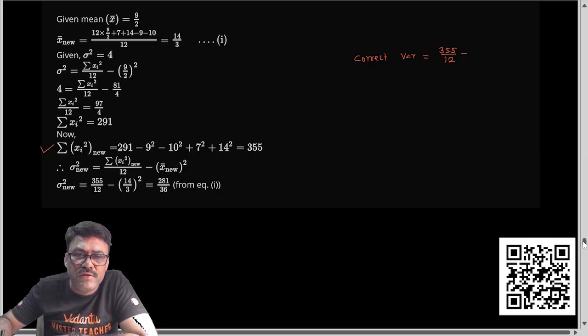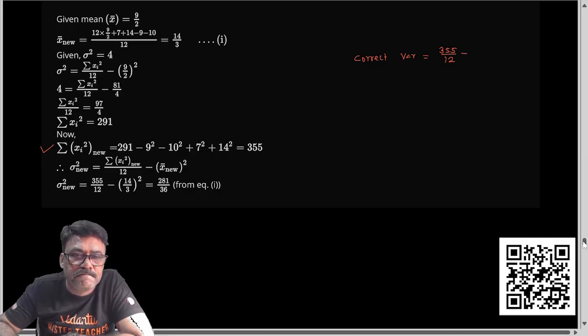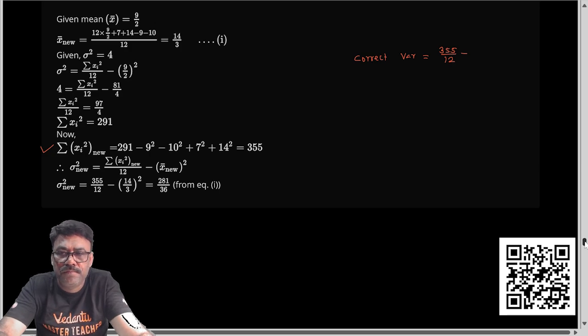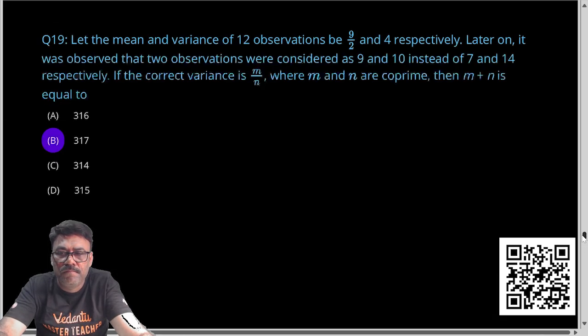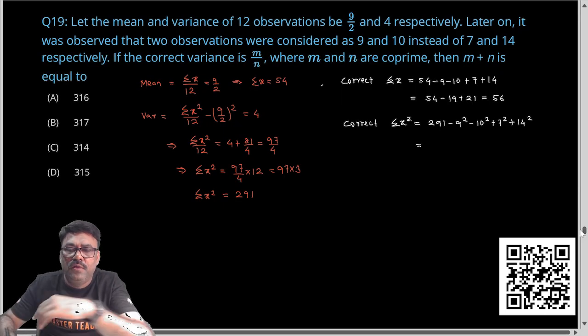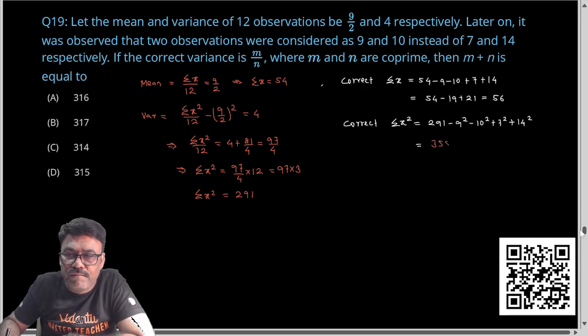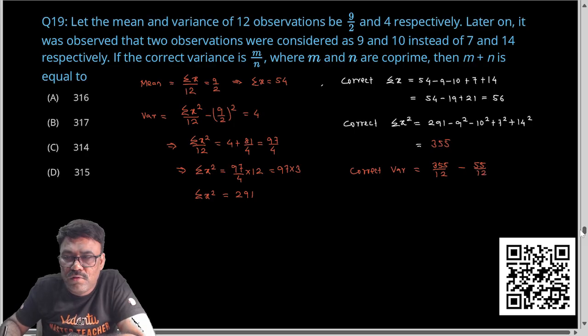The correct mean will be 56 by 12. So the correct variance is 355 by 12 minus the square of the correct mean, 56 by 12 whole square. Basically it is 56. Now just calculate it.